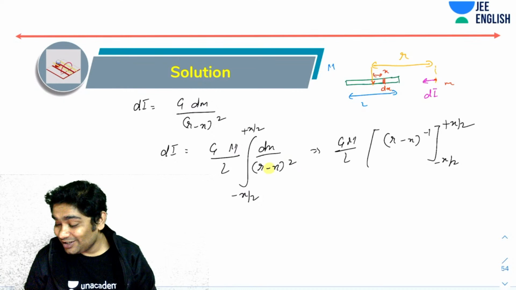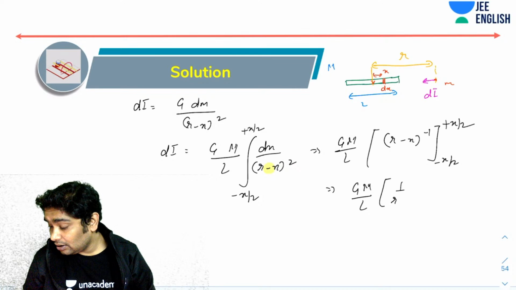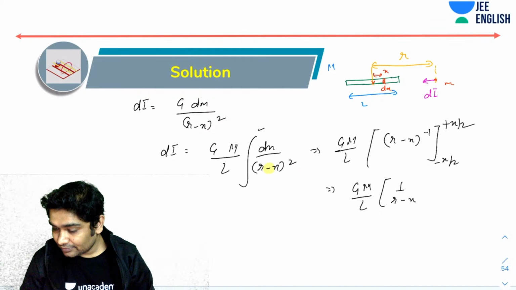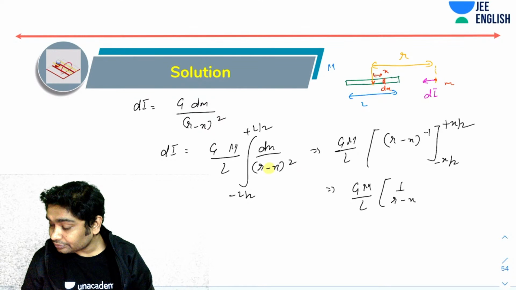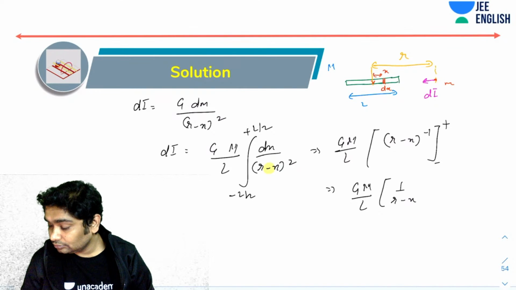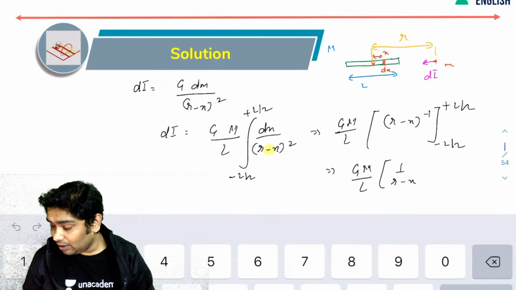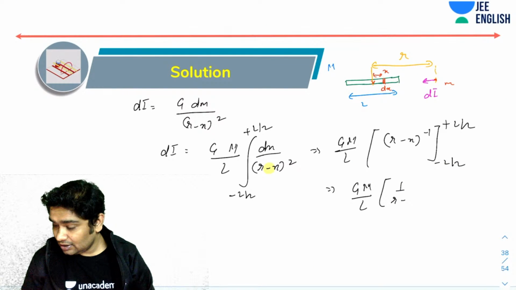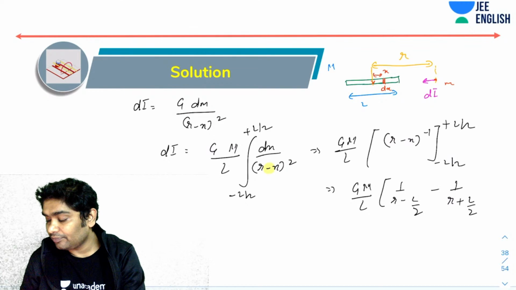So when you integrate this, what you're getting is GM over L, and here you are getting 1 over r minus x. The limits would go from minus L by 2 to plus L by 2. Let's just quickly correct that. So I would have had 1 over r minus L by 2 minus 1 over r plus L by 2.